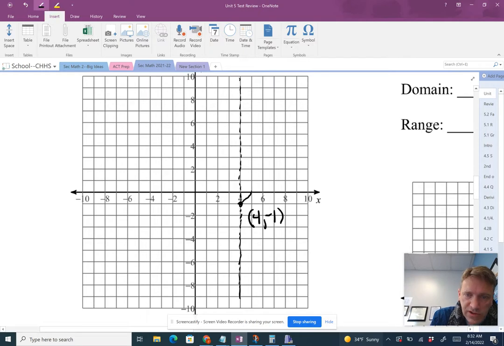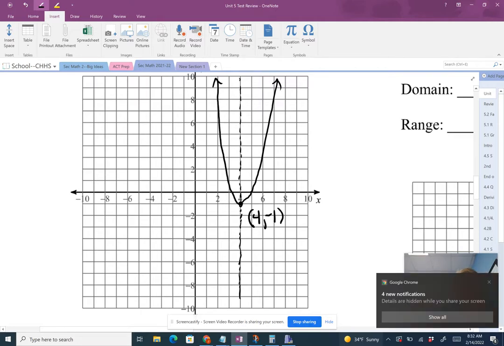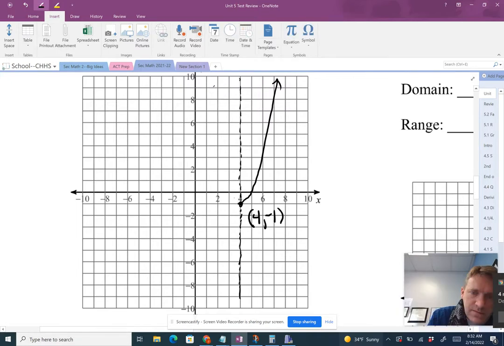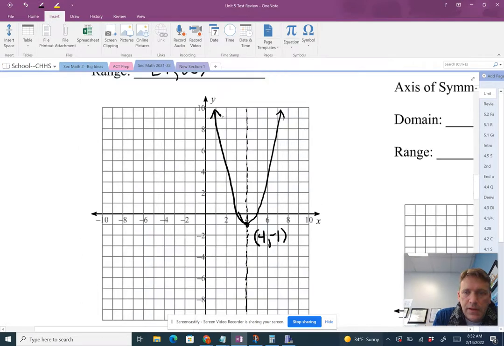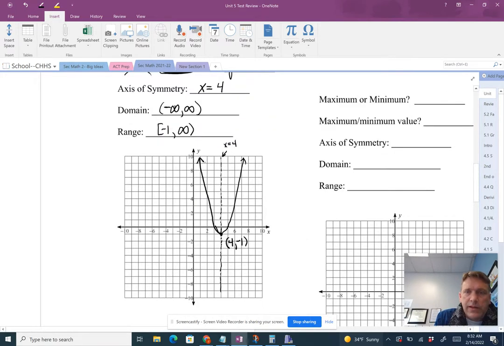Then we can just draw a quick sketch. We don't have a lot of points to go off in this case, but it's going to look something like that. It's still a little messy. And then our axis of symmetry, we'll go ahead and label that. That's x equals 4. And that's what this one would look like.